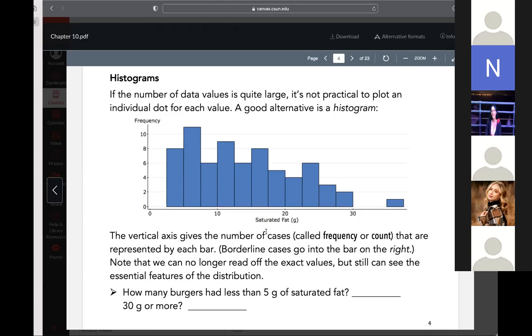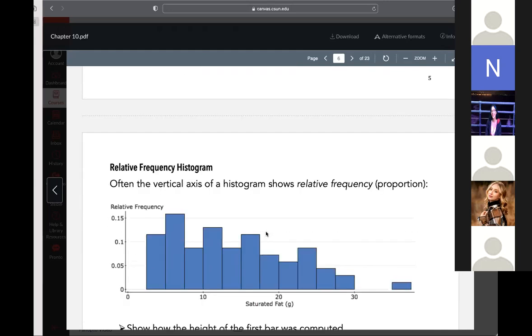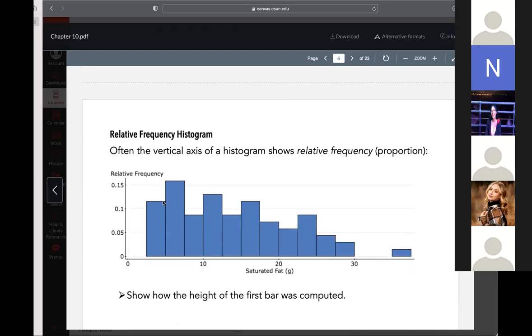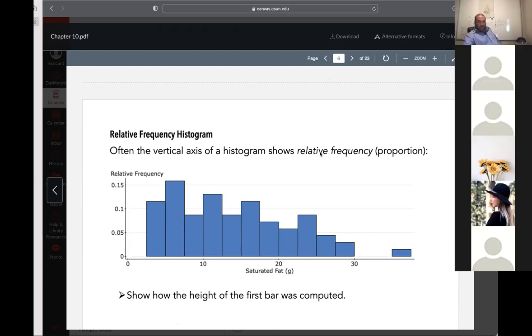I just did it on my calculator, and I got 0.116. Does it seem like it might be in the vicinity of 0.116? Okay, so 0.116 seems very reasonable. And similarly for the other ones.